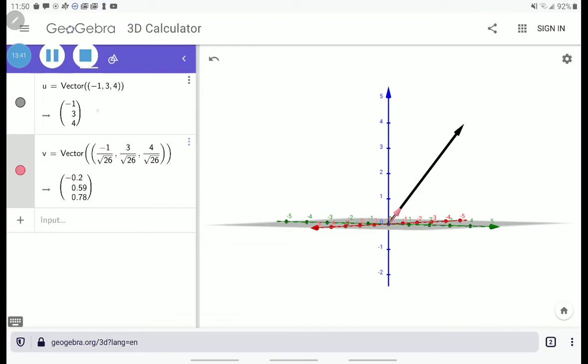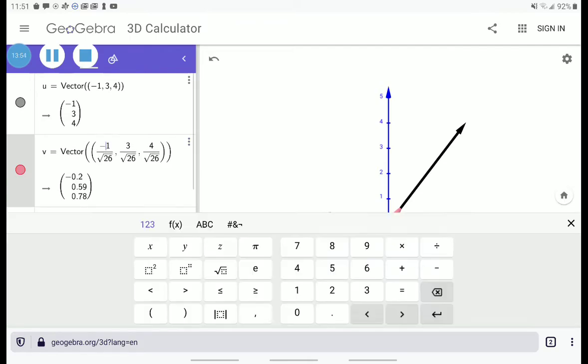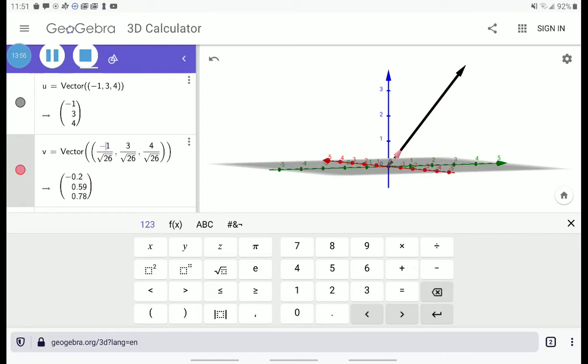We said the vector u was square root of 26, so that was a pretty big length compared to the length of 1. And then if we were to negate everything in that vector, you'd see how it would go in the opposite direction. So let me go back and edit so you can see that. I'm going to get rid of that first negative, and then basically multiply everything through by negative.